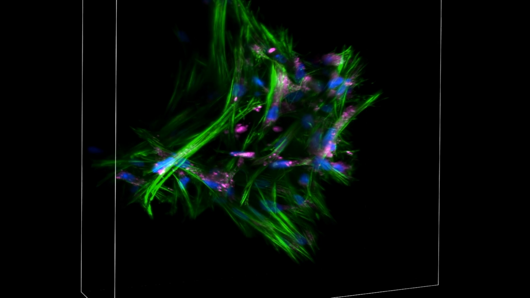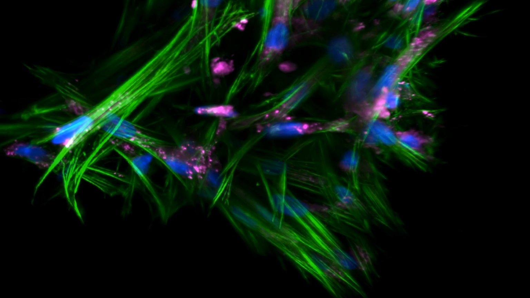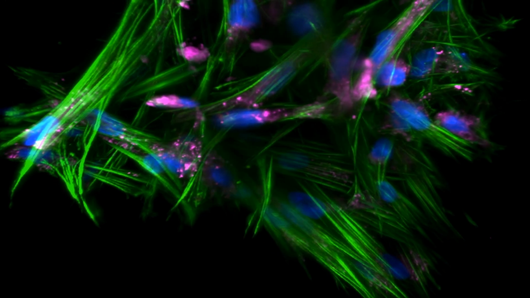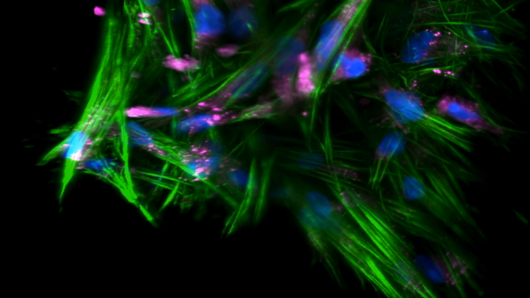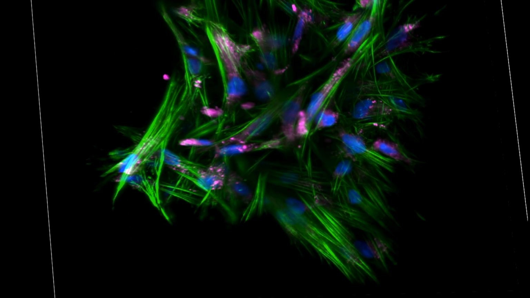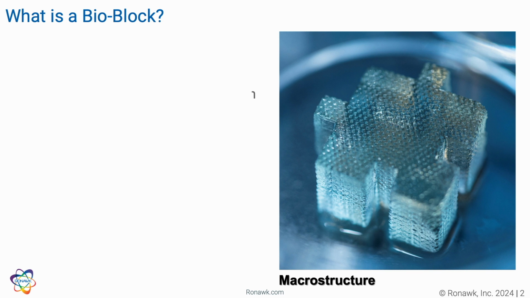Hopefully this video and this brief introduction is making you question what a BioBlock is and what our product is. BioBlock is a 3D printed hydrogel composed of three main characteristics.